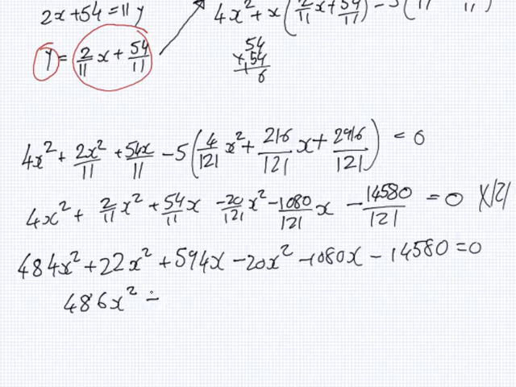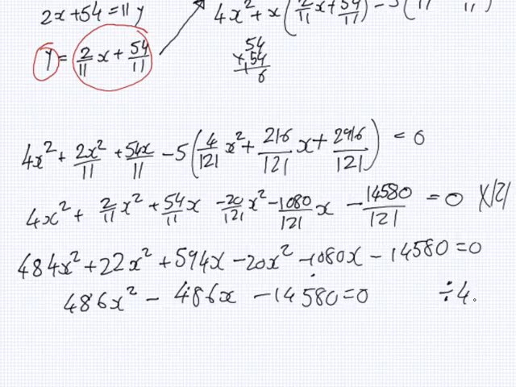486 x squared, and 594 minus 1080 gives minus 486 x, minus 14580 equals 0.